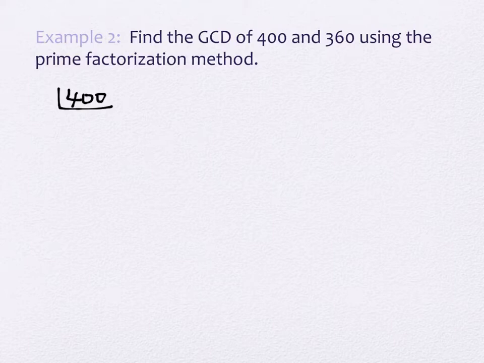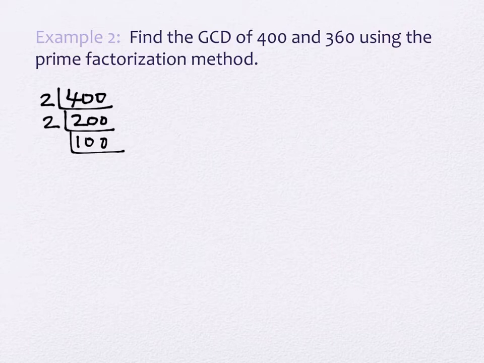So 400, what's the smallest prime number that divides 400? 2, which gives me 200, which divides by 2, which gives me 100, which divides by 2, giving me 50, which divides by 2, giving me 25.